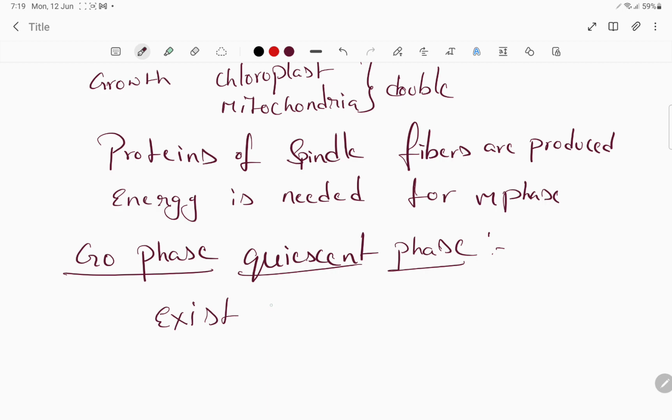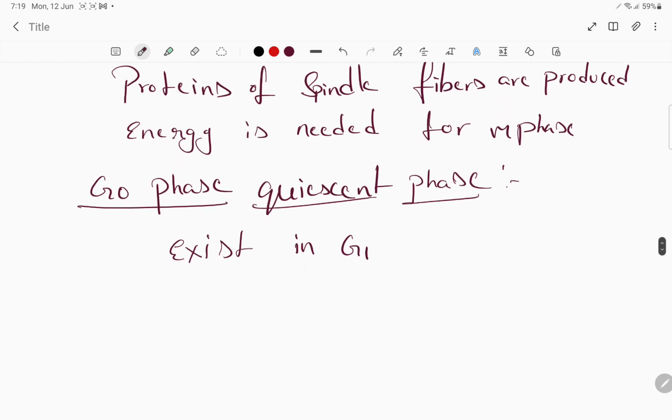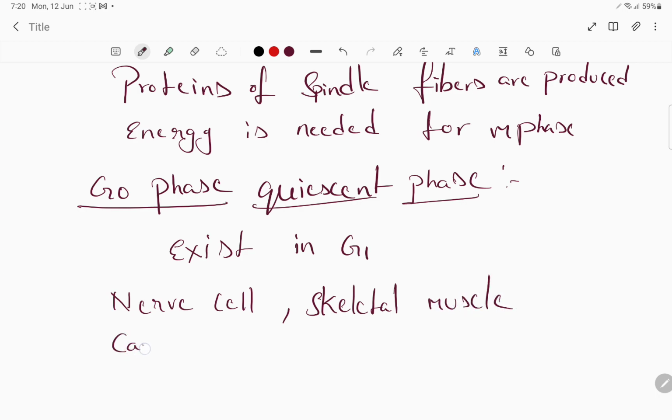Technically, G0 is none other than G1. The cells differentiate to form specific functions, such as nerve cell, skeletal muscle, cardiac muscle, mature RBC, WBC.